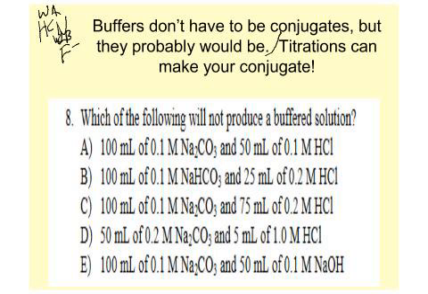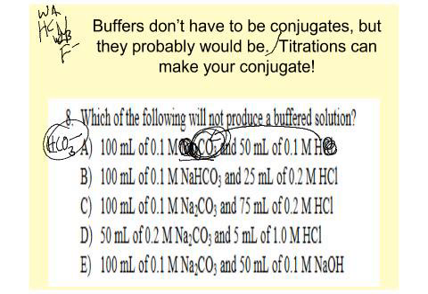A typical way to make a buffer is to titrate a weak acid or a weak base. Looking at letter A, I have Na2CO3 and HCl. When H reacts with carbonate, I'm going to get HCO3 negative, which would be an acid-base buffer system.